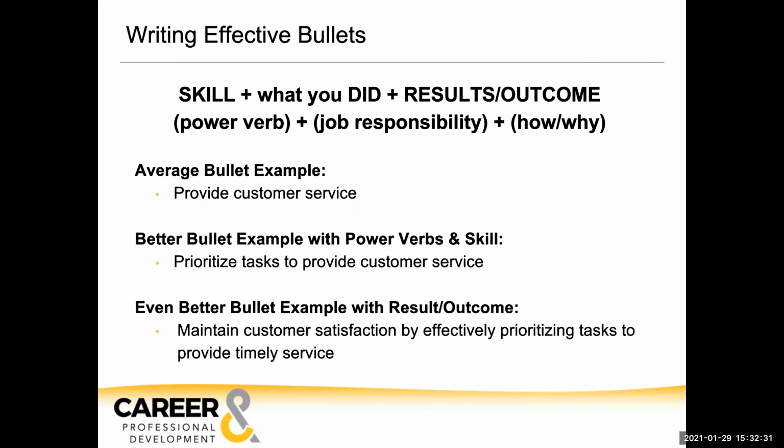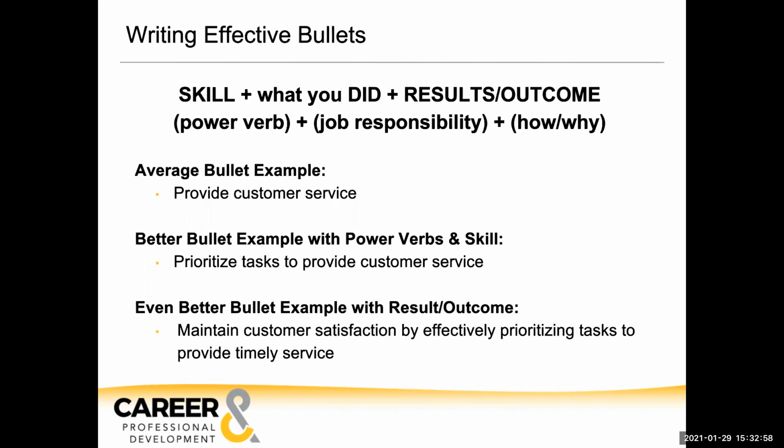So when we do bullets, an average bullet would say provide customer service. As you can see, this is in the present tense, so you would be currently doing this. So provide customer service doesn't tell me a whole lot except for that you provided customer service. I don't know if it was good or bad. So a better bullet with the use of power verbs and a skill would say prioritize task to provide customer service.